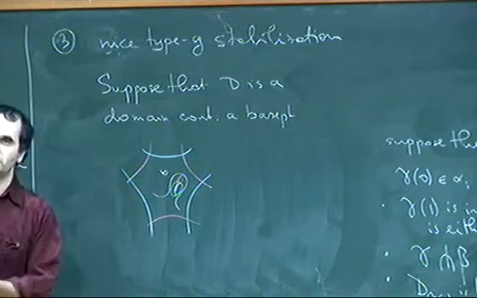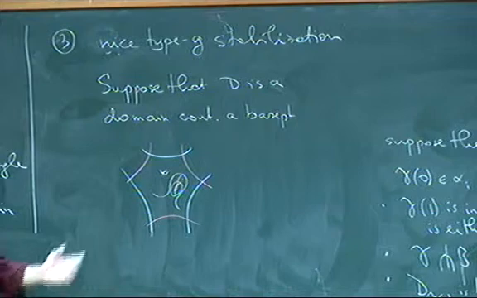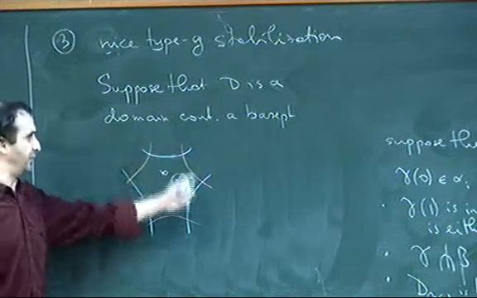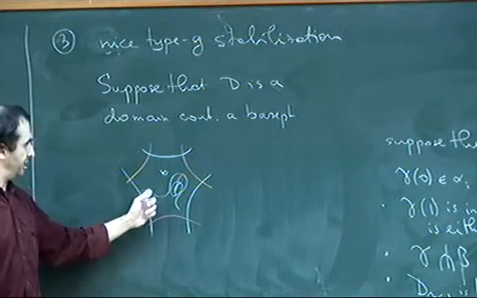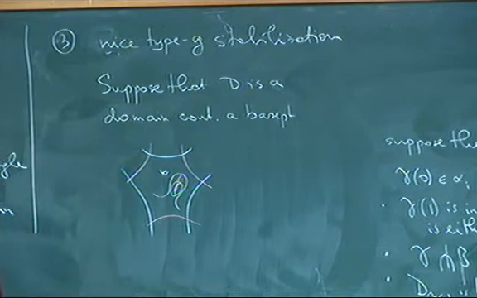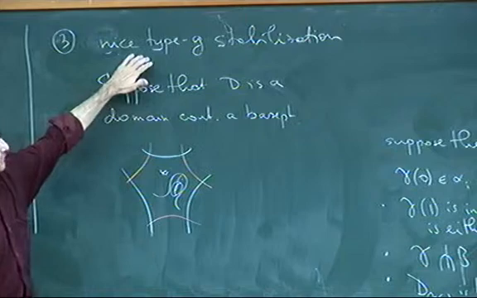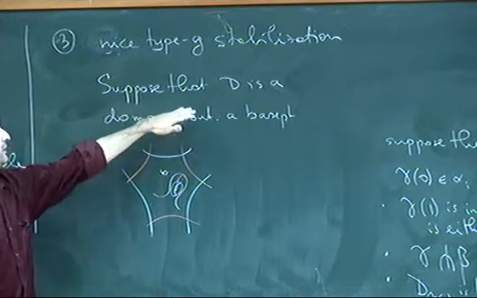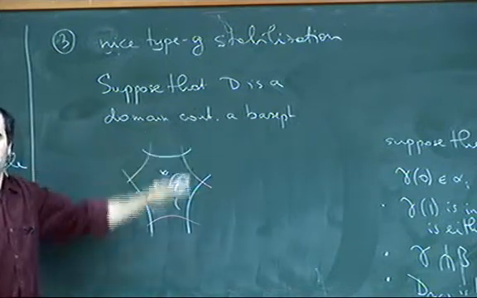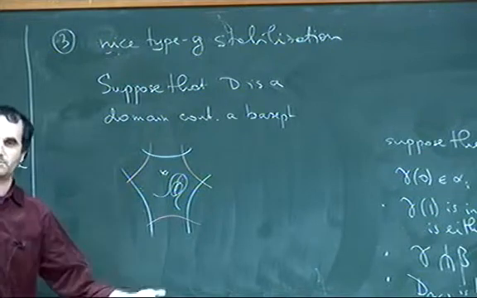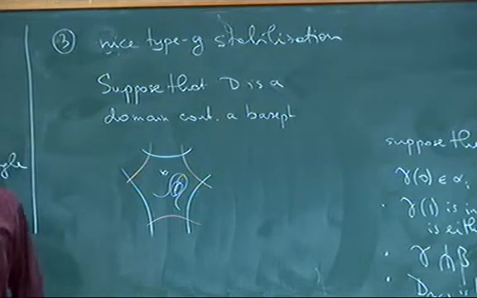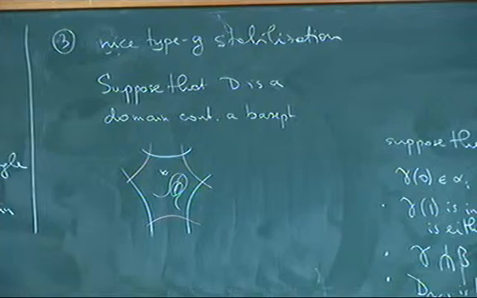The combinatorial description of the domains did not change at all outside of this domain D. And in D, there is a base point anyhow, so we don't care how it looks. So this nice type G stabilization, because we perform it at the domain which contains a base point, doesn't change niceness. If it was nice before, it's nice. If it wasn't nice before, then we don't care anyhow.